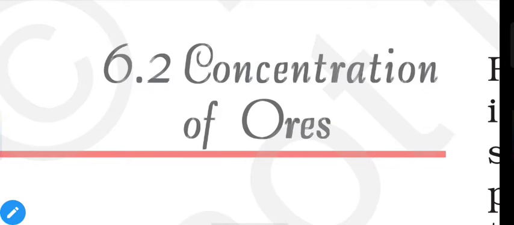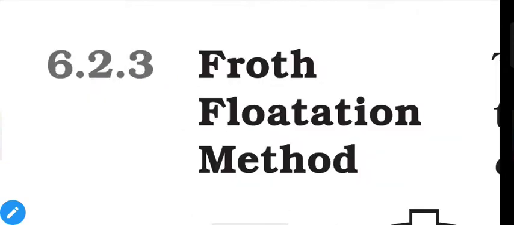If you can remove a majority of the impurities in the initial stage, then in later stages the involvement of these impurities will be minimized. That's why cost decreases. So concentration increases the percentage of metal present in the ore. It is called concentration.